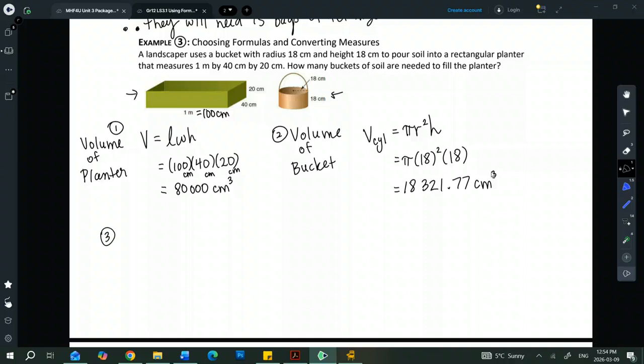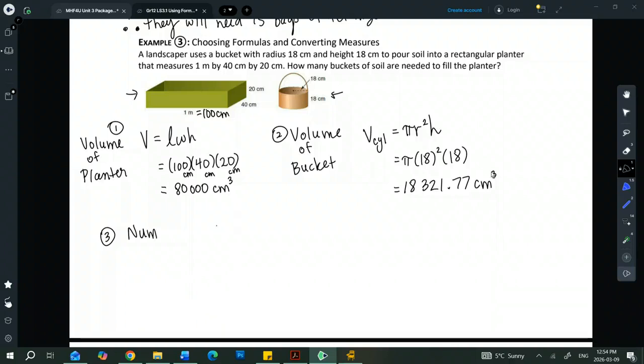Okay, and then lastly, how do I answer this question? So how many buckets of soil are needed to fill the planter? Yeah, perfect.